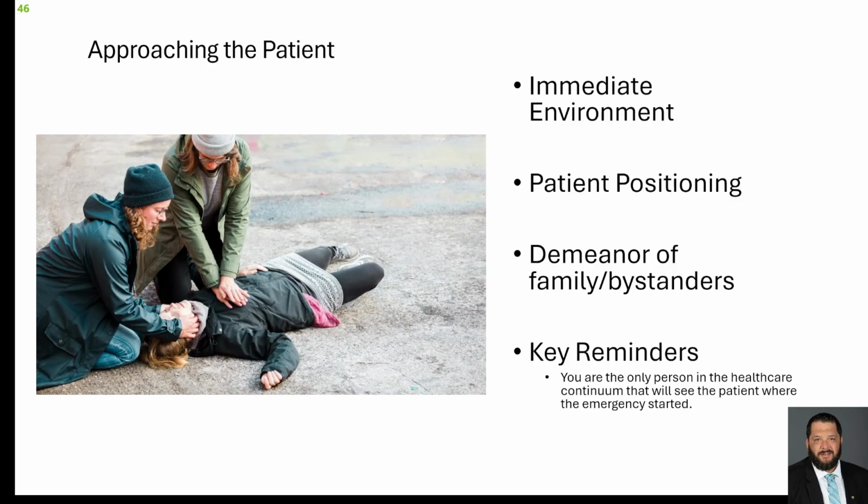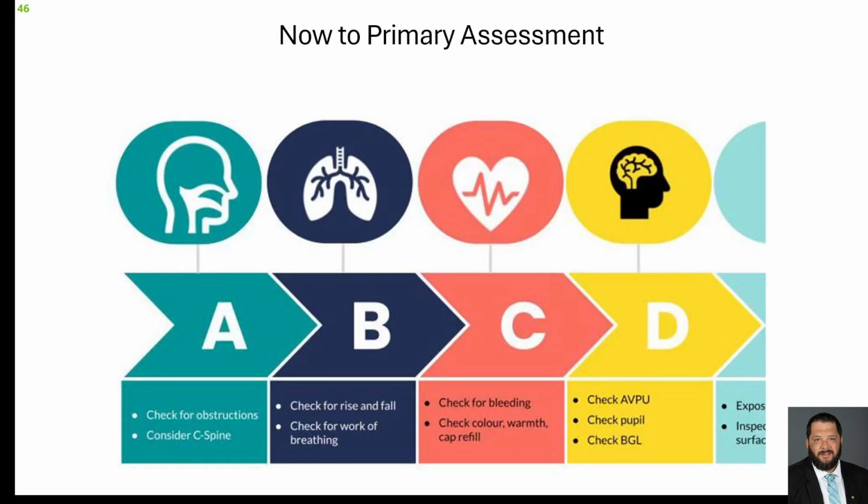Did they look like they were intentionally laid down and put themselves in that position, or did they fall? Okay. And watch the demeanor of family and bystanders, right? That's your clue into what happened, right? What were those events leading up to? So make sure that you get all of that information and think about all of that as you approach your patient.